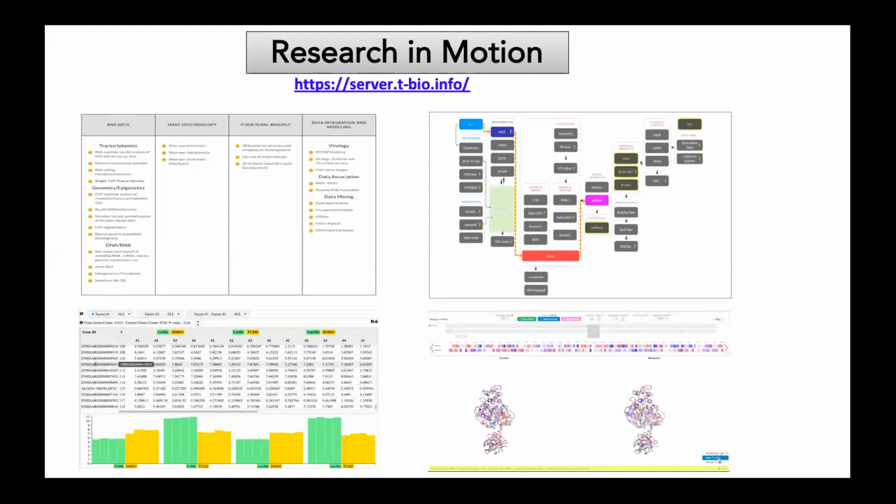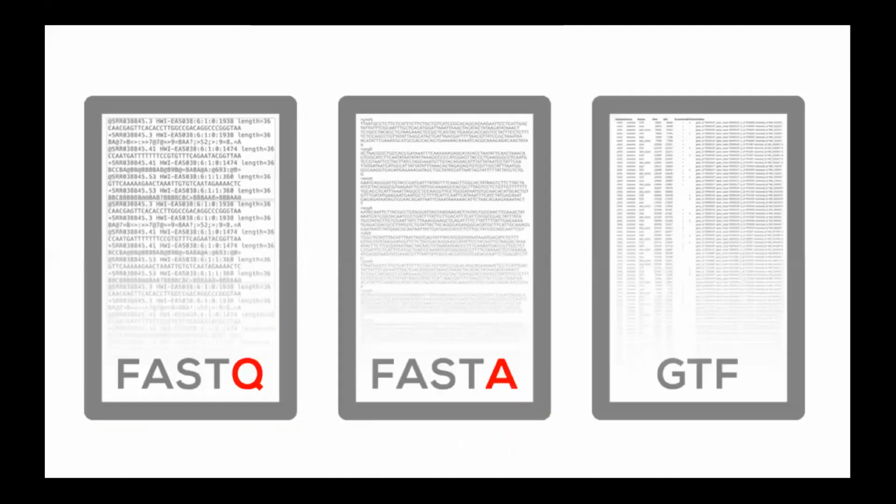We'll also have a demonstration of this, but before that, I would like to tell you something about the file formats. It's very important, because it's the kind of files that we'll be looking at. So there's nothing to be worried about. These are very simple. Many of you might have heard about FASTA files.